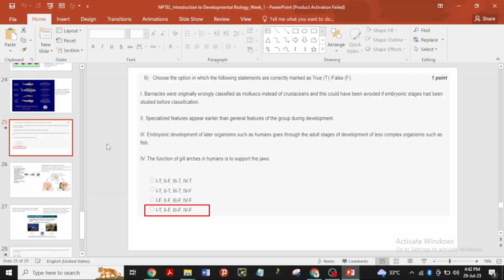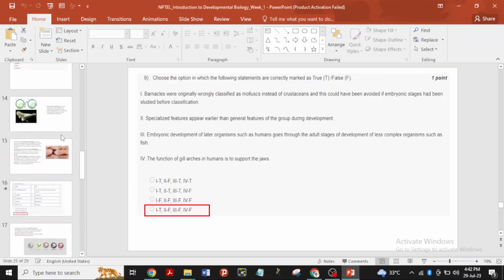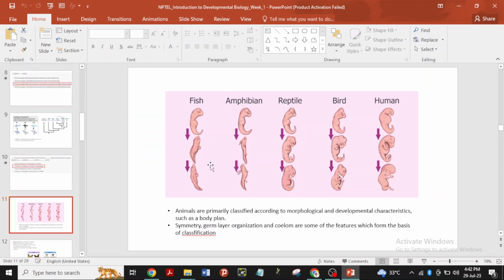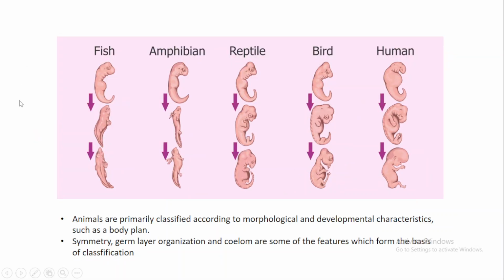I think this diagram would be better for you to give an explanation. See, this is the comparative embryology, for a fish and a human, and in between we have amphibian, reptile and birds. The earlier stages of embryos look somewhat similar, but the developmental process they have is very different.